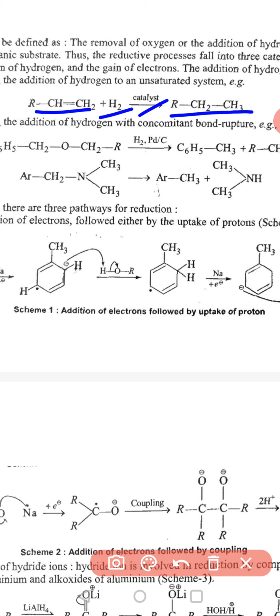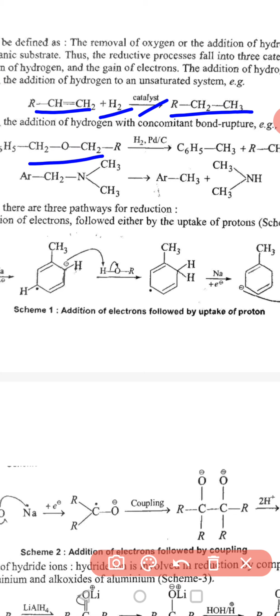Hydrogenolysis is addition of hydrogen. It takes place when we take a substrate which is saturated. In a saturated substrate reactant, addition of hydrogen occurs with a concomitant bond rupture. A bond is ruptured and hydrogen is attached. Here is the example. This is ether.